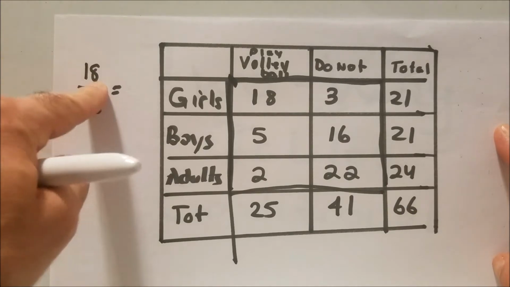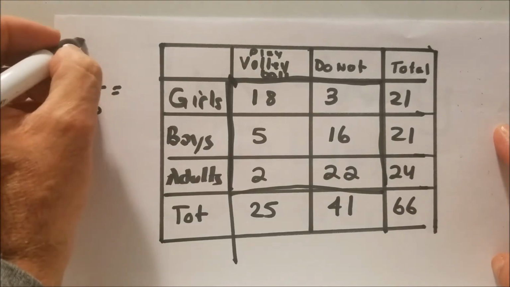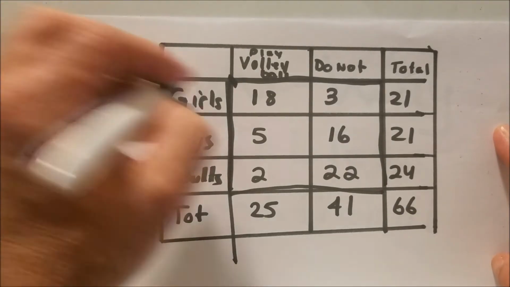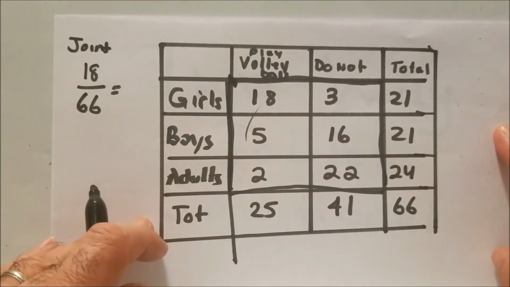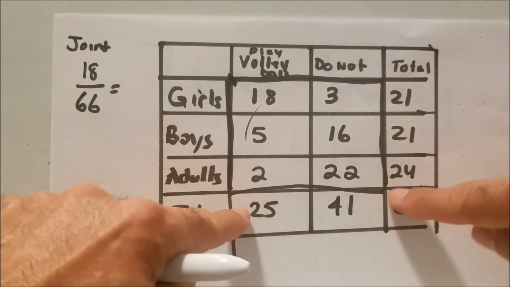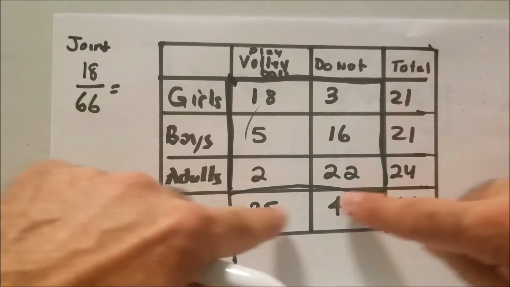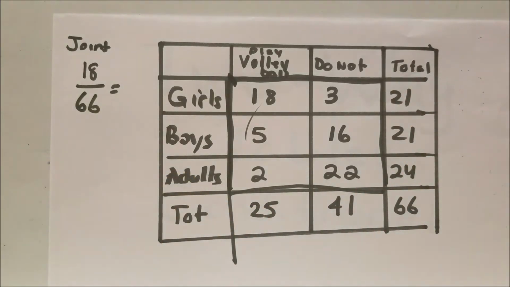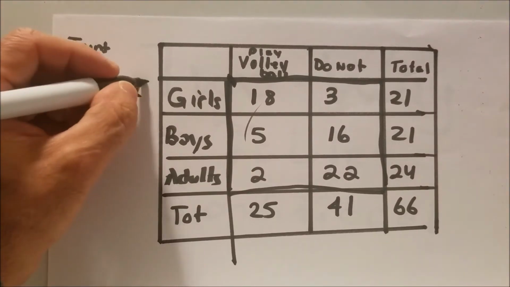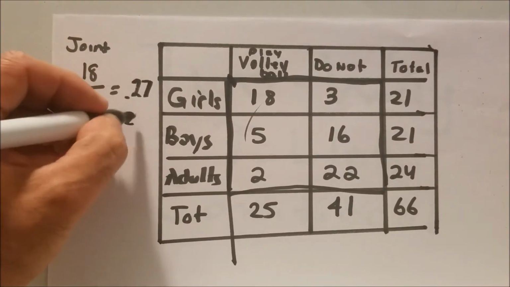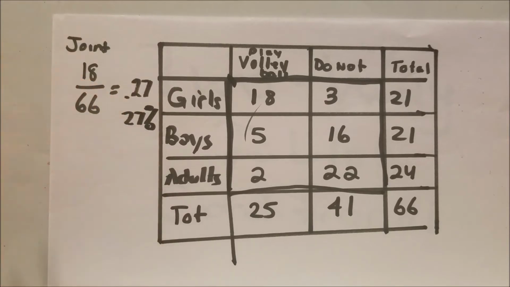That would be the joint relative frequency, because it's everything inside compared to the total. And the margins are those on the outside, like the margins on your notebook, right? That would be roughly 0.27, so you would say about 27%. That's the joint relative frequency.